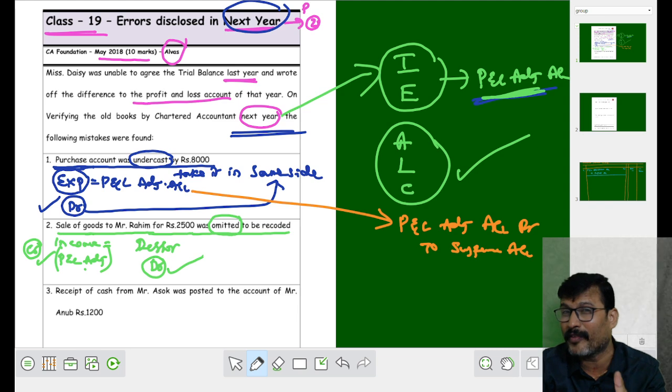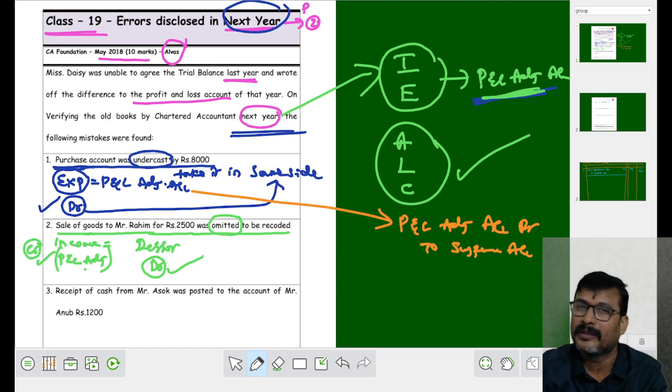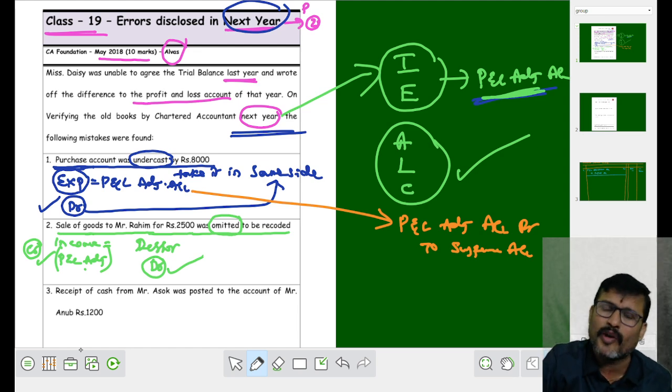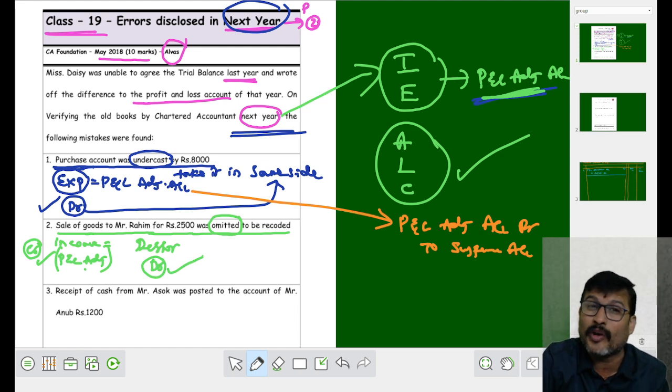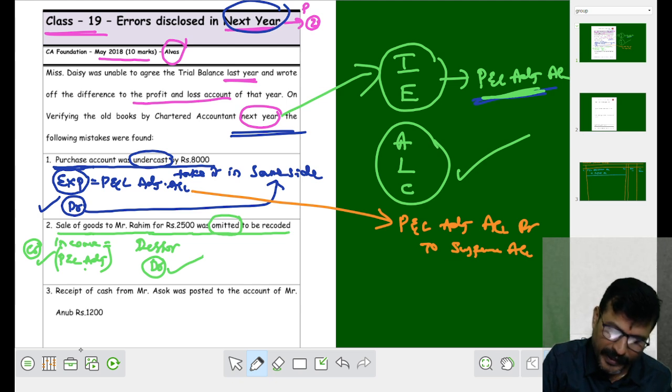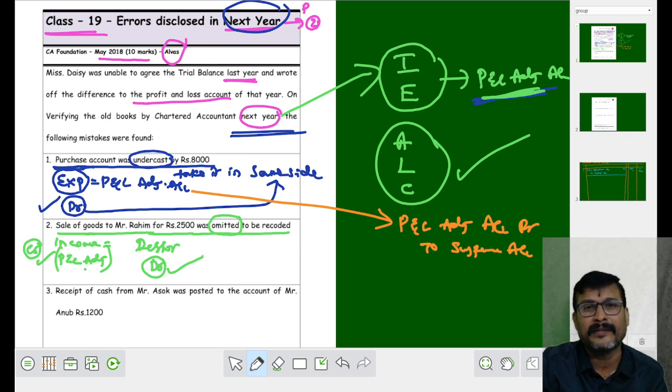In the place of income and expenses, we have to use P&L adjustment account. Now, when you understood this, instead of calling it sales, we have to call it P&L adjustment account. P&L adjustment account is to be credited. Debtor account is to be debited.